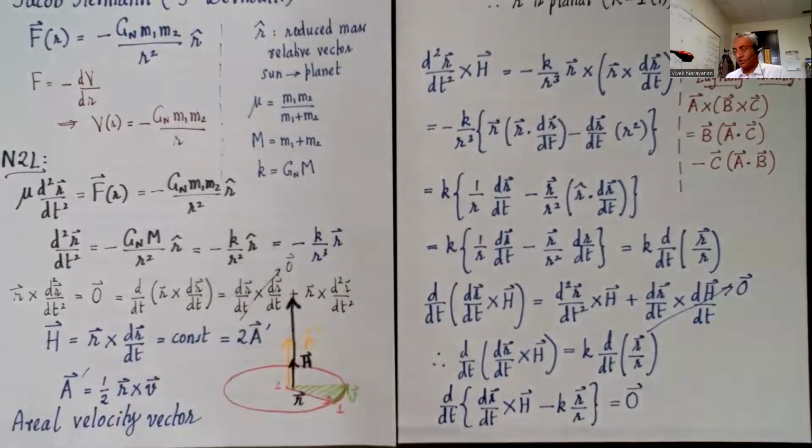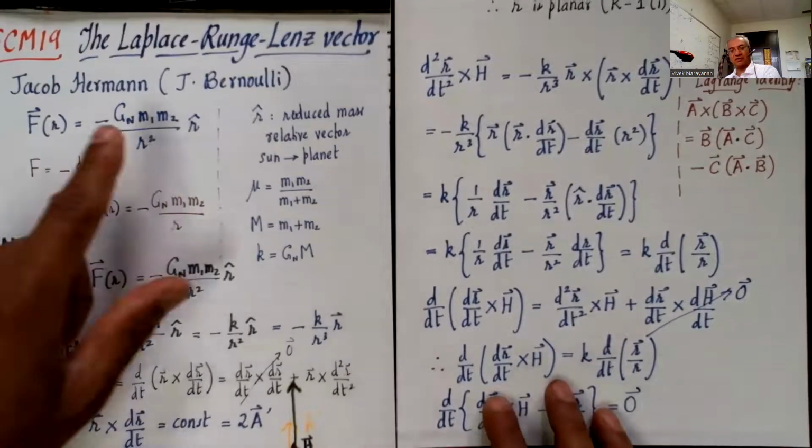Later on, it was found that two other scientists, Laplace and Runge, and also a German scientist called Lenz, had discovered the same thing. So even though Hermann also, when he was a student, worked out these things, because students never really get fully credited, the vector whose time rate of change is equal to 0 is now called the Laplace-Runge-Lenz vector.